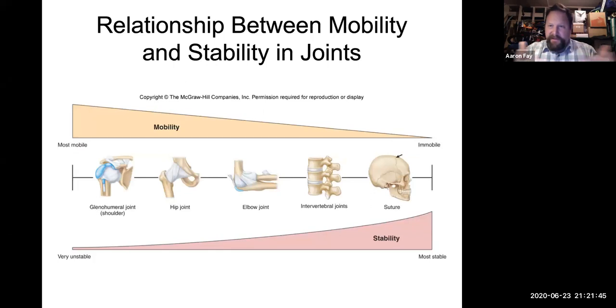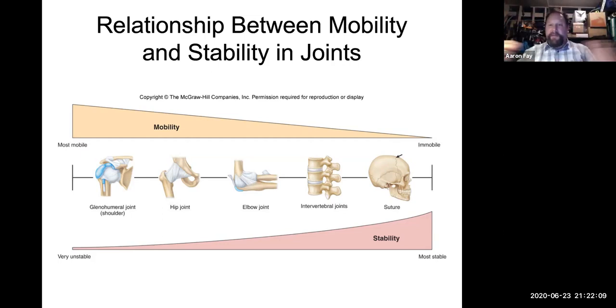So what this figure really demonstrates is the inverse relationship between mobility and stability. Generally speaking, the more mobile an articulation is, the less stable it is, the easier it is to damage, the less robust it is. So the most mobile joint in the entire body is the glenohumeral joint, right?